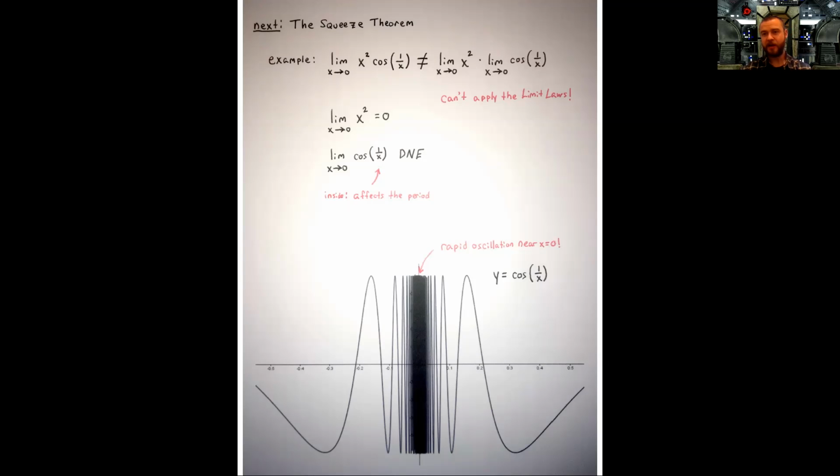You can see here, it's jumping back and forth very quickly between the y values 1 and -1. So as we get closer to 0, the output values rapidly bounce back and forth between 1 and -1. That's a very loose and simplified way to explain why the limit of cosine of 1 over x as x approaches 0 does not exist.